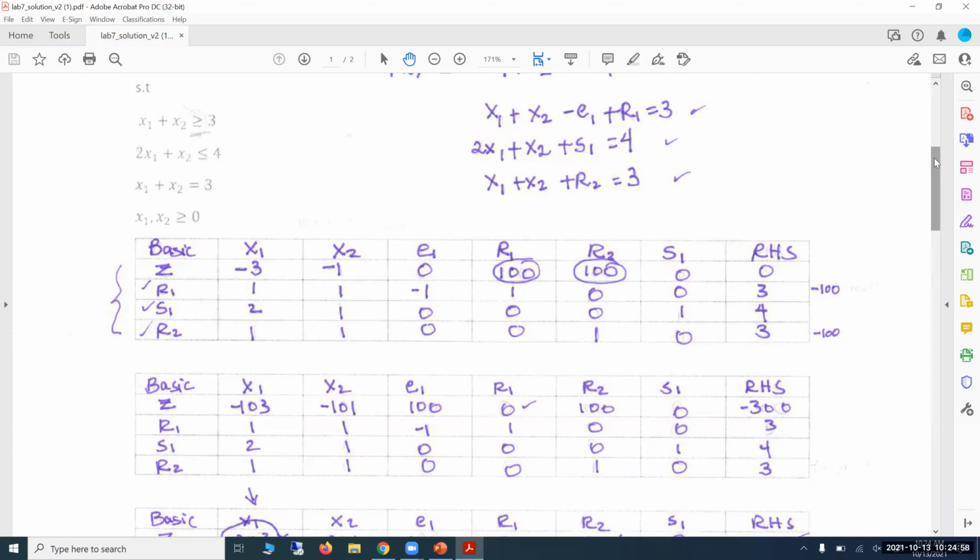Typically you want to get a large number. This is a maximization problem, so the largest negative, but I'd have to pick one.